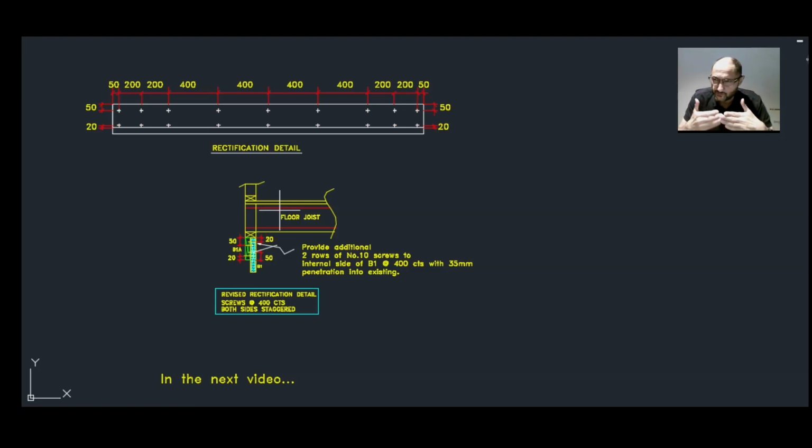I remember from AS 1684.2, the maximum spacing requirement along the grain is 2 times the beam depth. So you need to check that. So, you know, if the beam depth is 300, you need 600 spacings. Actually, that's the maximum.